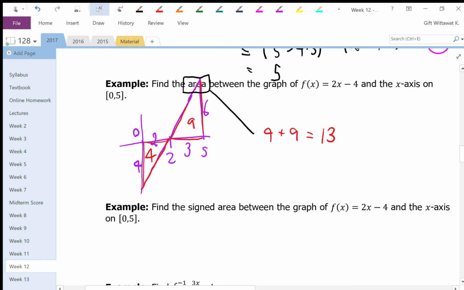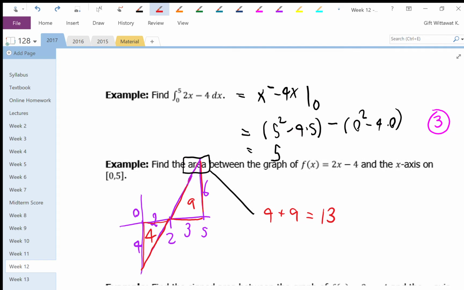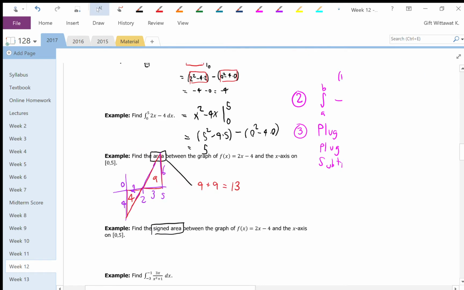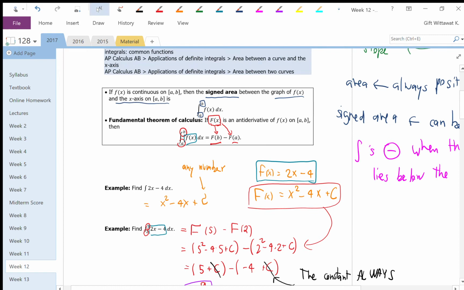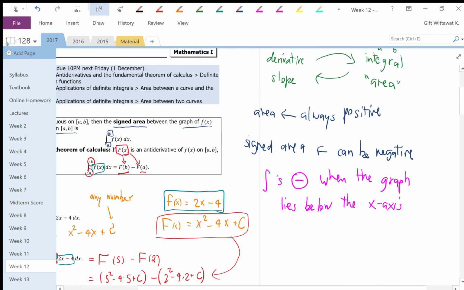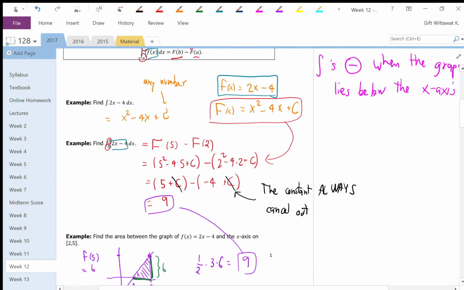The next example asks for the exact same thing, except that instead of finding area, the question asks me to find the signed area. What is the signed area again? The signed area is similar to area, except that I'm going to consider the region under the x-axis to have a negative area.